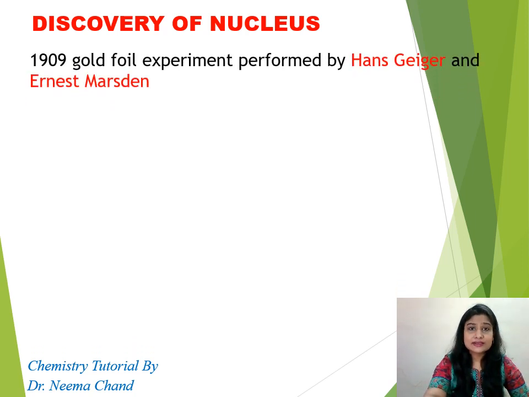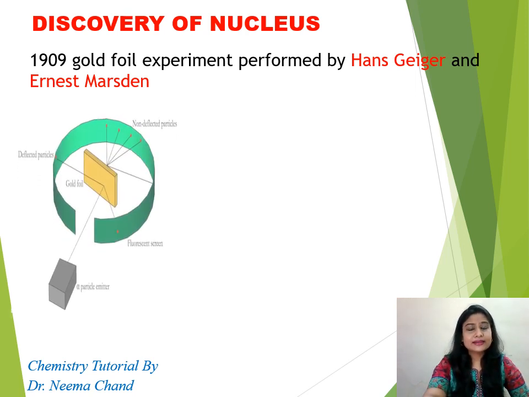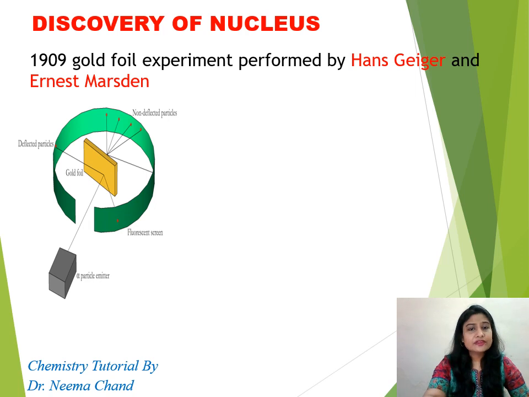Nucleus was discovered in a gold foil experiment around 1909 that was conducted by Hans Geiger and Ernest Marsden under the supervision of Rutherford. In their experiment, Rutherford bombarded a beam of alpha particles onto an ultra-thin gold foil and studied the scattering pattern.